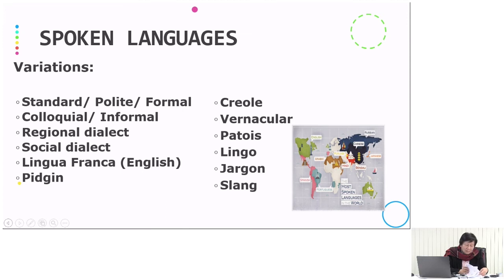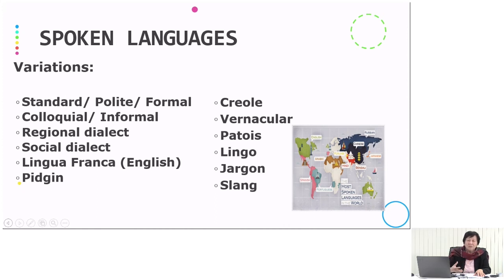Creole means when one group or one tribe doesn't speak that language before, but comes to live in an area where people speak their native language, and that migrated group has to learn how to use that language.